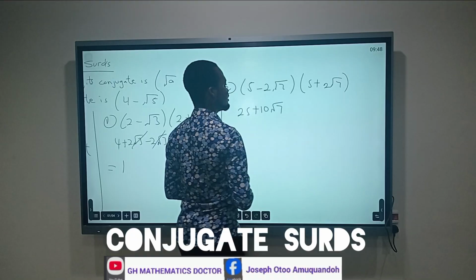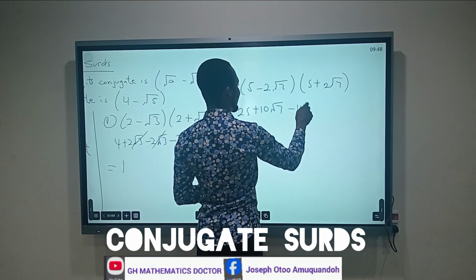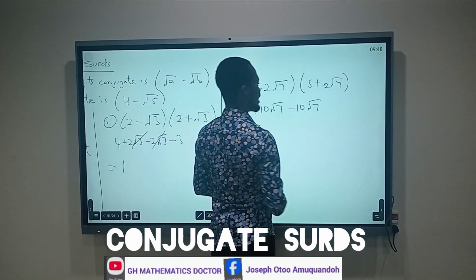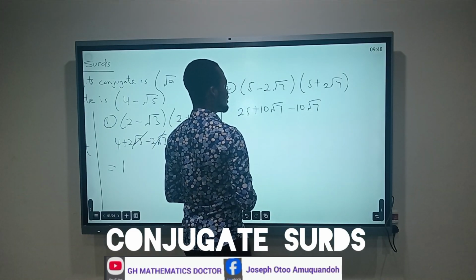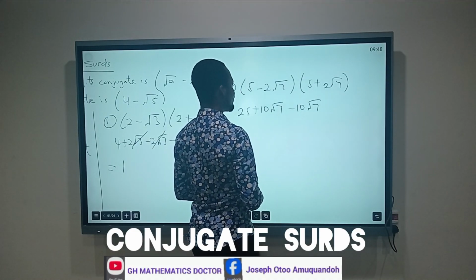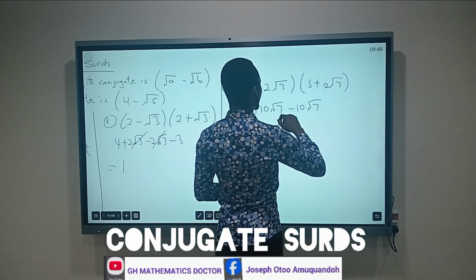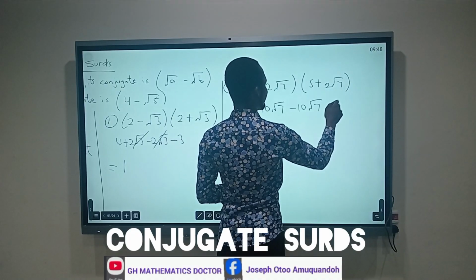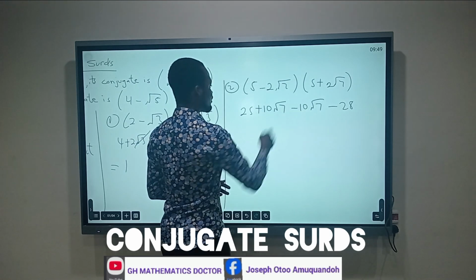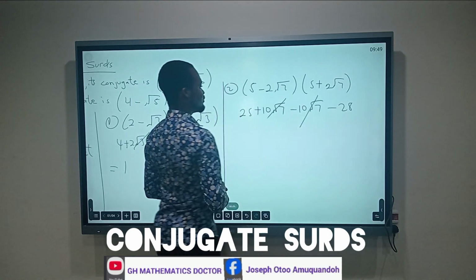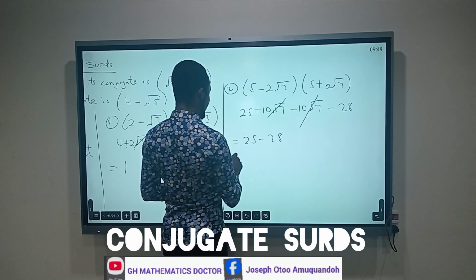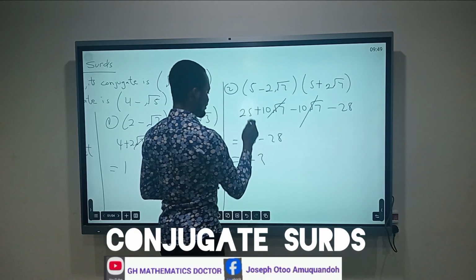Negative 2 root 7 times 5 will give you negative 10 root 7. Then negative 2 root 7 times positive 2 root 7: 2 times 2 is 4, and multiplying 7 is going to be 28, so negative 28. The root terms cancel. We are left with 25 minus 28, and our result will be negative 3.